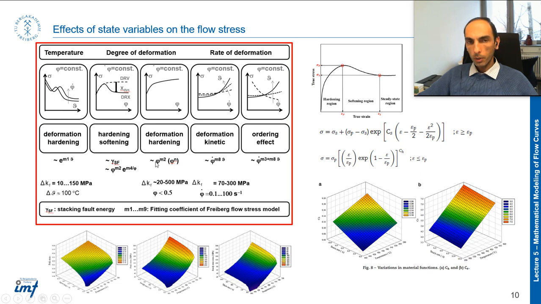So we can reflect it in a mathematical way as phi to the power of n, which is similar to the Hollomon equation, because in the Hollomon equation you have k epsilon to the power of n. So this phi to the power of n, or in the Freiberger model phi to the power of m2, reflects the effect of hardening here. And okay, how about the softening effect?